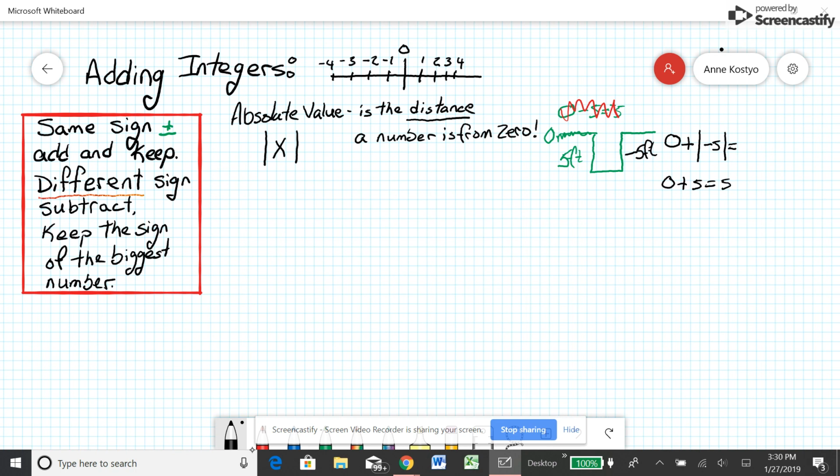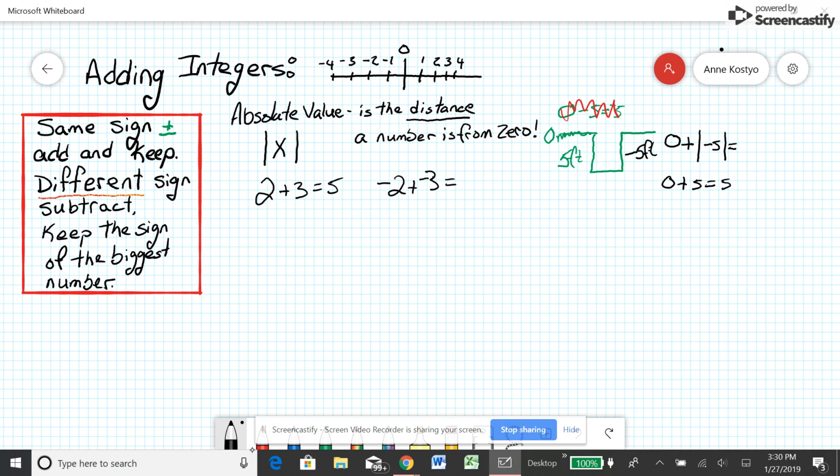We know that 2 plus 3 is equal to 5. But what about -2 plus -3? Well, that looks a little trickier because we've thrown in some negative signs.